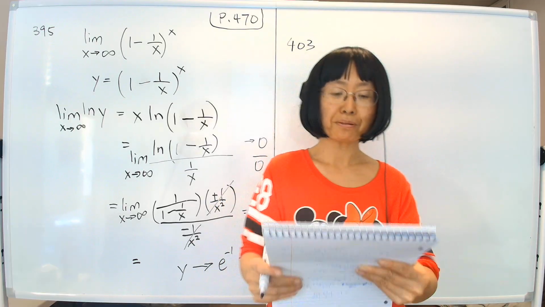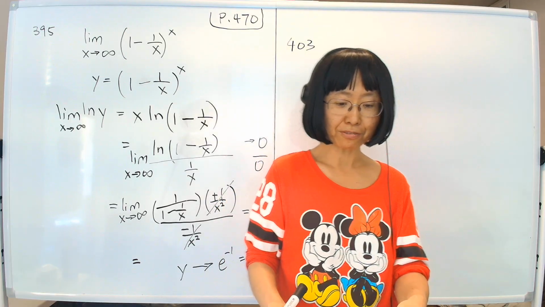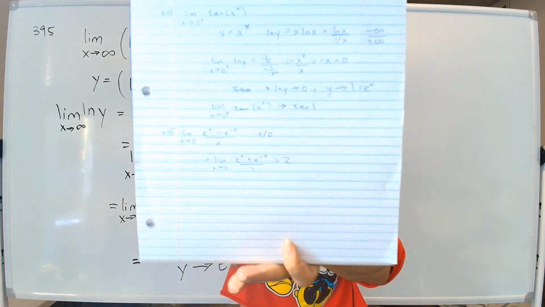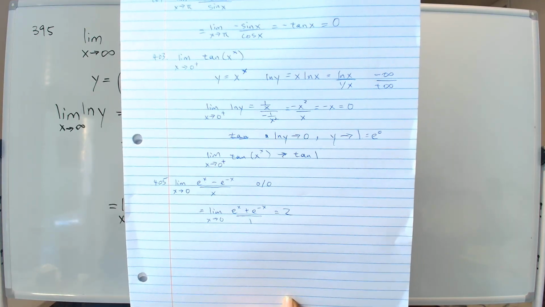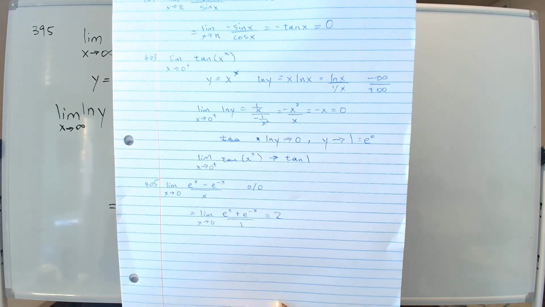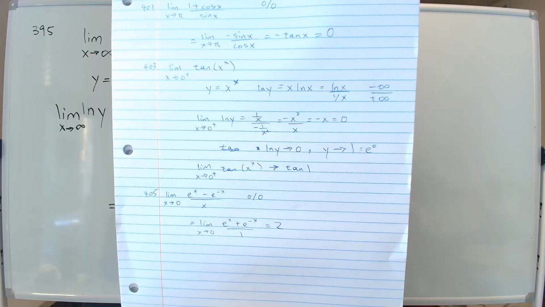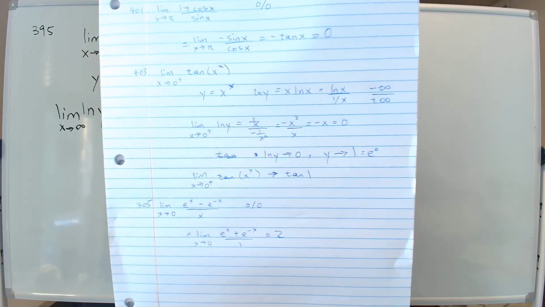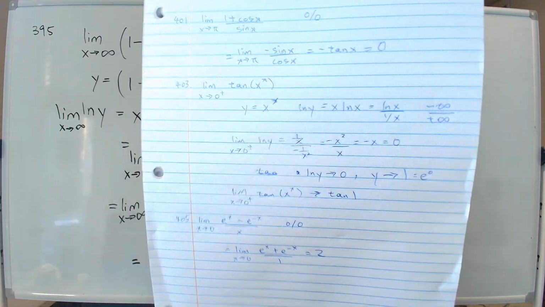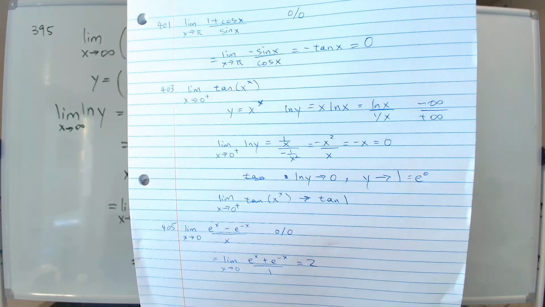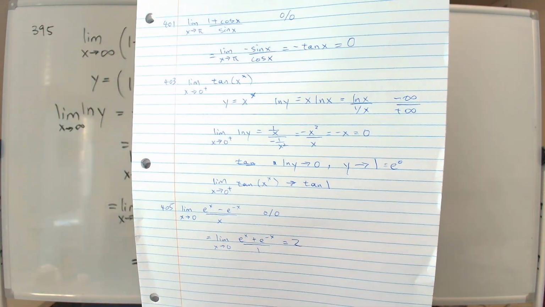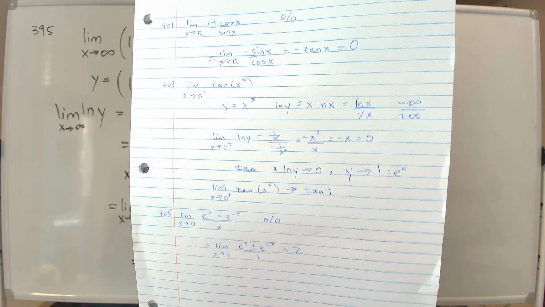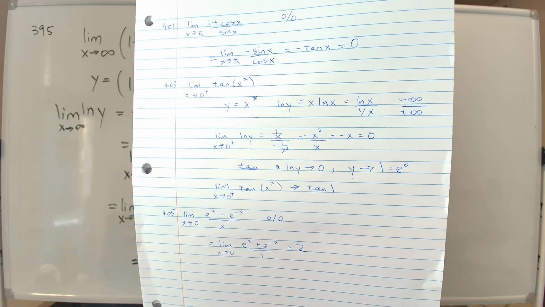The last problem I want to talk about is 403, where you're supposed to calculate the tangent of x to the power x. That might sound tough at first, until you realize the tangent doesn't mean anything. You can just take the tangent out. That is, you calculate what's inside, x to the power x, as x approaches 0, and once you figure out what the inside approaches, then you slap the tangent on the answer.